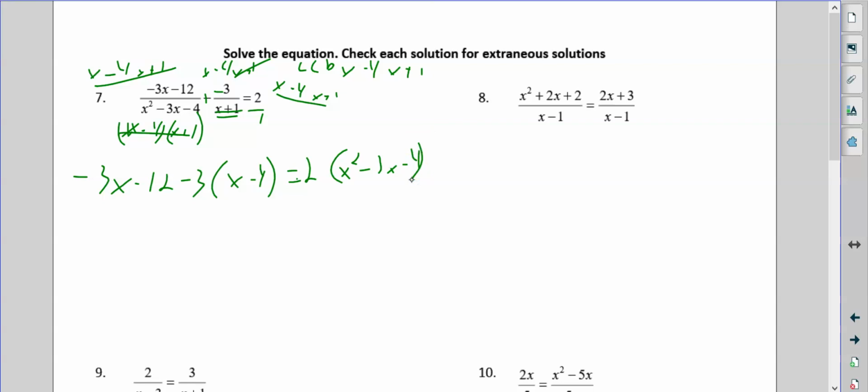I'm saving myself a step there. So on this side, I need to distribute this. So negative 3x minus 12 minus 3x plus 3 equals 2x squared minus 6x minus 8.